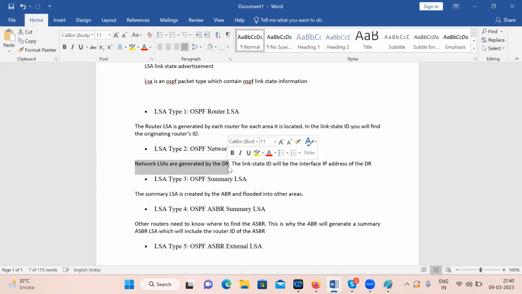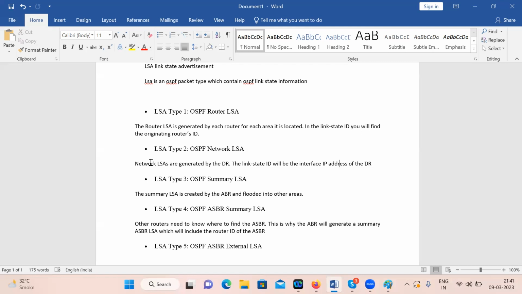It will only happen in your BMA topology, where only the DR is responsible to flood it. So the link state ID will be the interface IP address of the DR. So type 2 LSA, only the DR generates, to update every other router in your BMA topology.